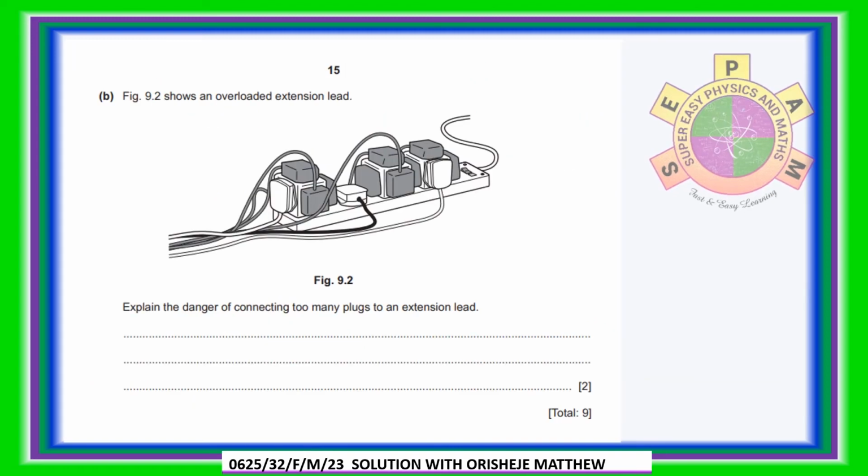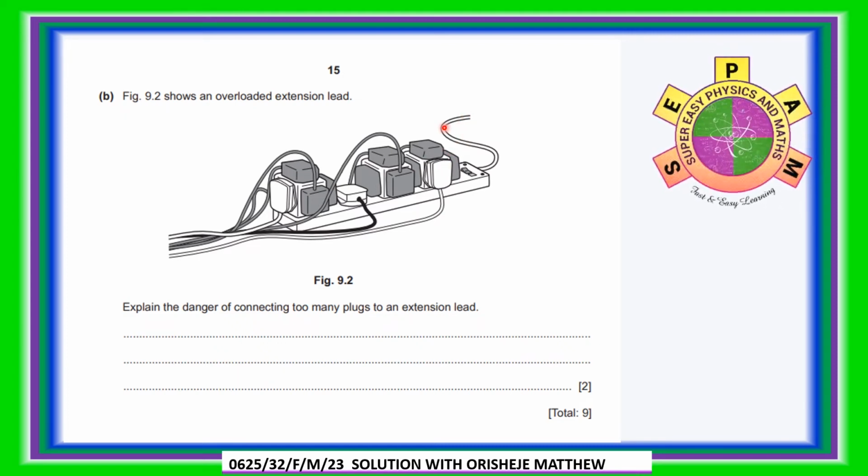Question 9b. Shown is an overloaded extension lead. Now, this is the extension lead. The concept here is that the appliances are connected to the electrical lead in parallel.